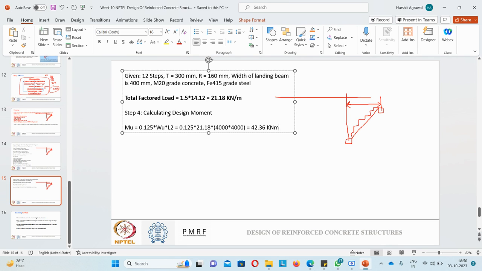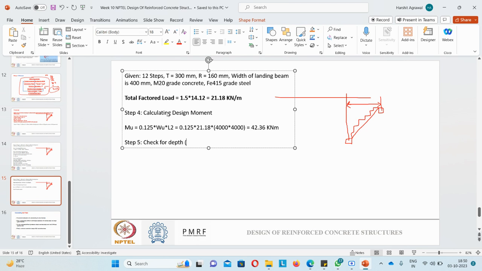It is 42.336 kilonewton meter. Okay, so this is the moment for which I need to design. Now step 5, we will check for depth, whether the depth that we have provided is sufficient or not.